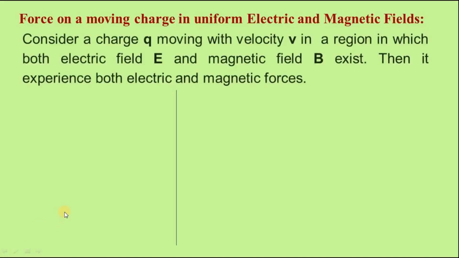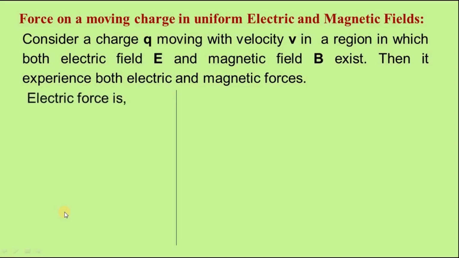Force acting on a moving charge in uniform electric and magnetic fields. Consider a charge Q moving with velocity V in a region in which both electric field E and magnetic field B exist. Then it experiences both electric and magnetic forces.